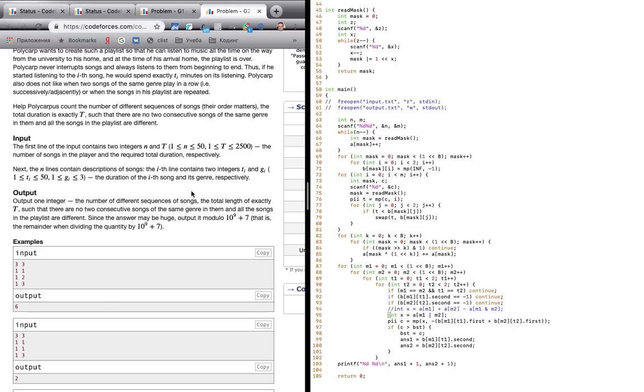Okay, this has good complexity, and it works very fast, I think.